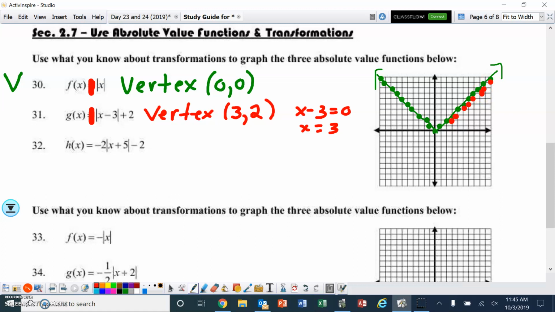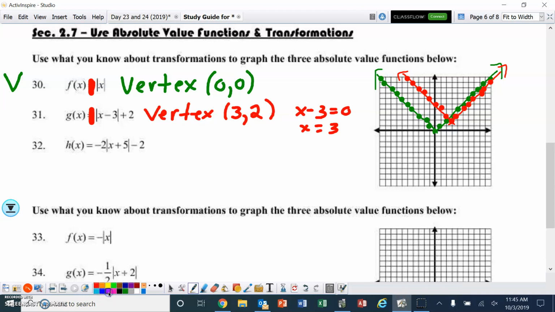Then I'm going to also go in the other direction, up 1 over 1. And there we go. Draw a line through those dots. And there's the absolute value of x minus 3 plus 2.